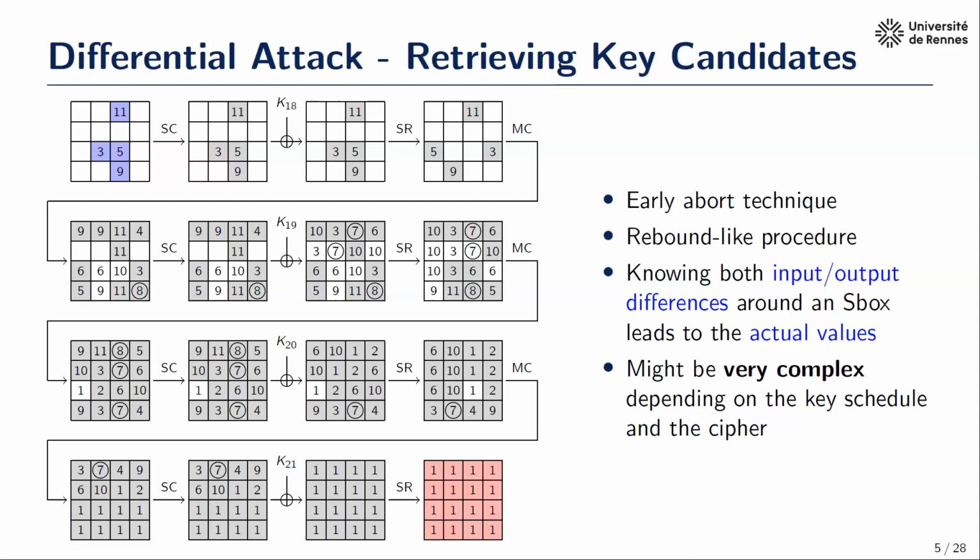And then if we have the values around the key addition, we obtain the values of the key. But finding the right order in which to propagate differences can be a bit tricky if the key bits involved in this process are related to each other, or for ciphers for which the key addition is partial.